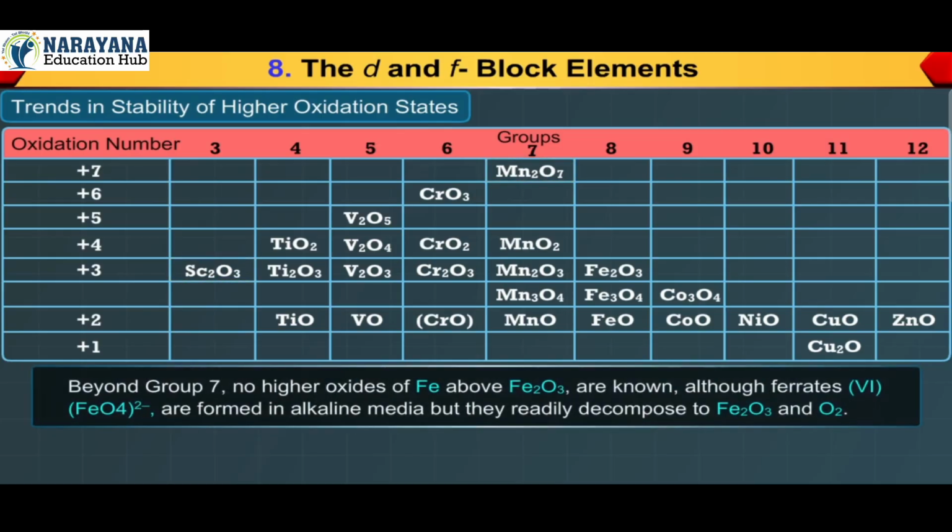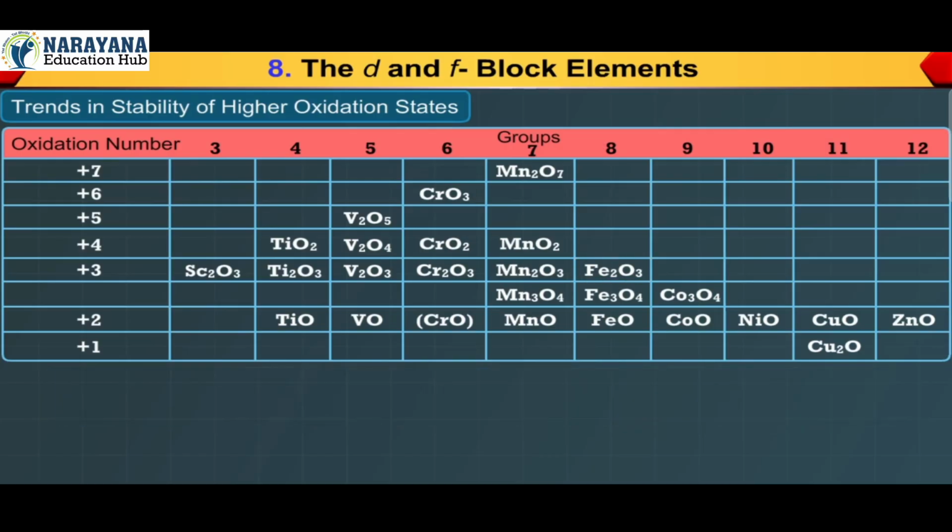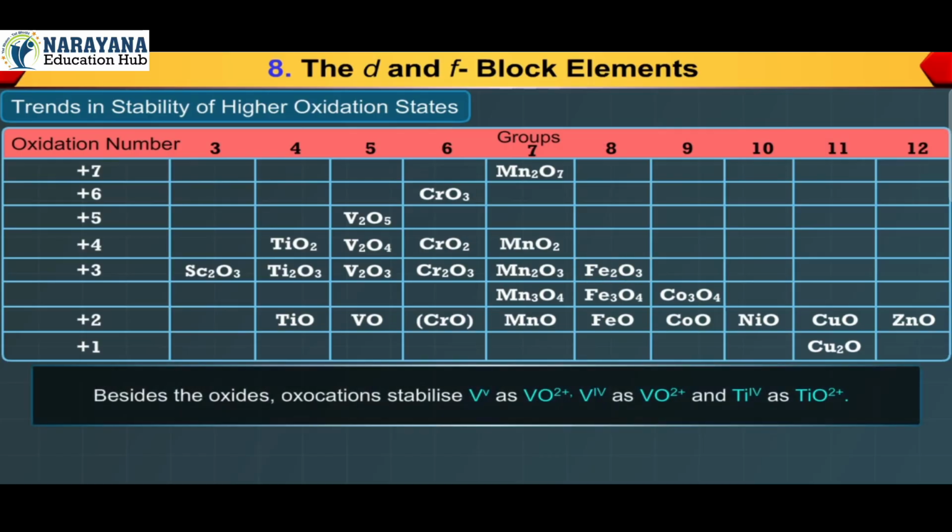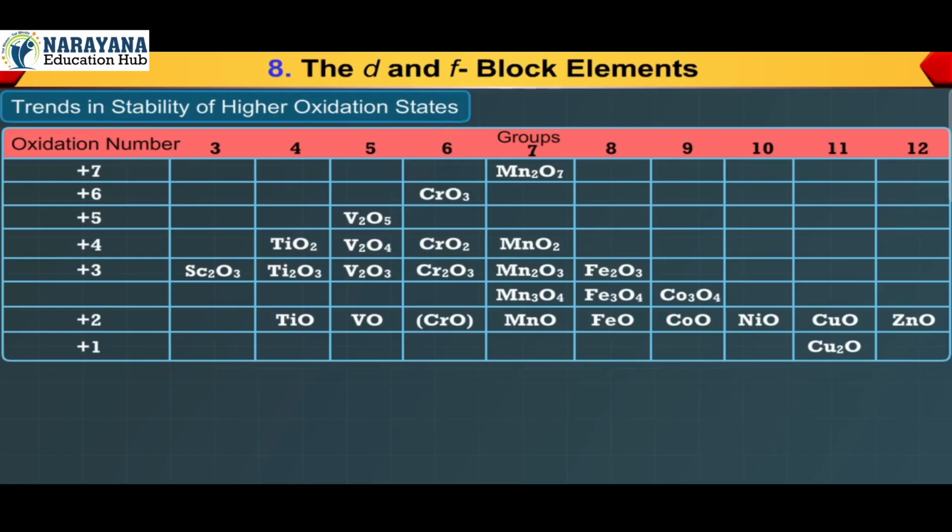Beyond group 7, no higher oxides of Fe above Fe2O3 are known, although ferrates(VI), FeO4 2−, are formed in alkaline media, but they readily decompose to Fe2O3 and O2. Besides the oxides, oxocations stabilize V(V) as VO2+, V(IV) as VO2+, and Ti(IV) as TiO2+.